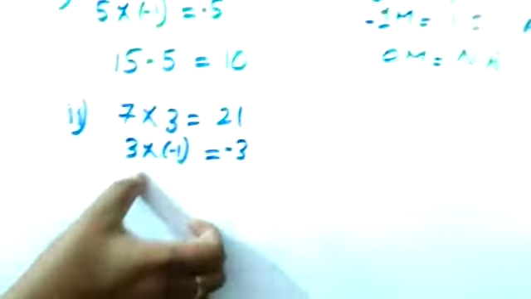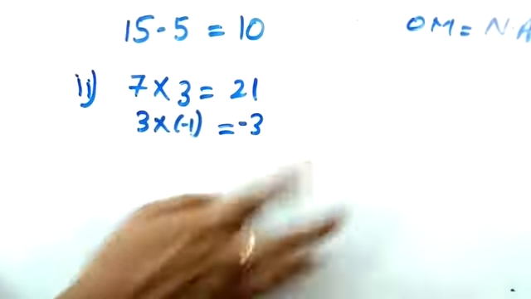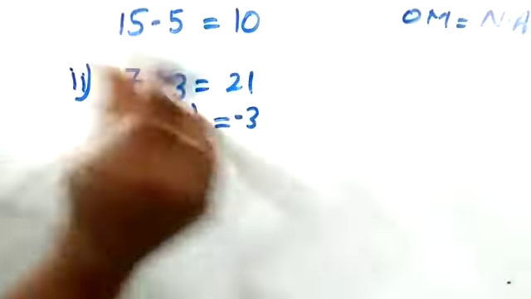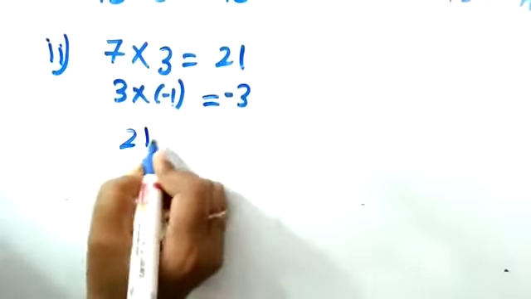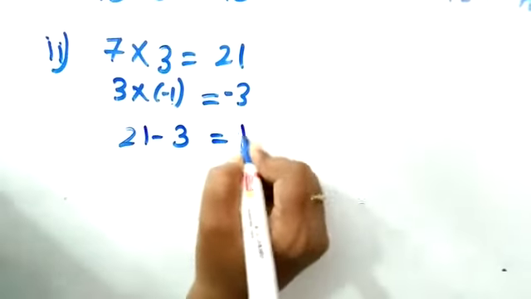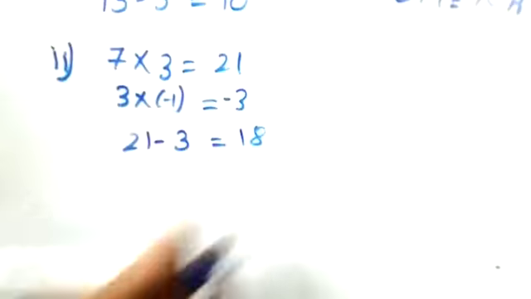Minus 1. So 3 into minus 1 gives minus 3. Now here you need to do correct questions minus incorrect. So 21 minus 3. Now how many marks are given for Rashmika? 18 marks.